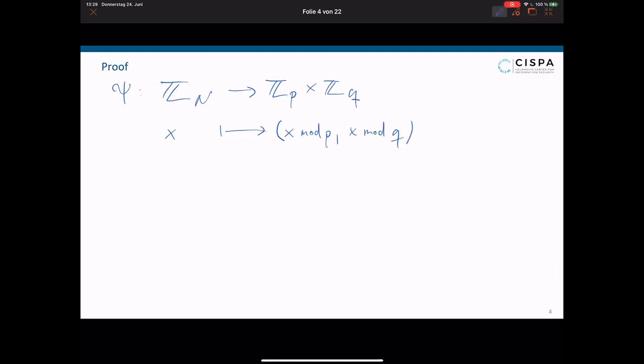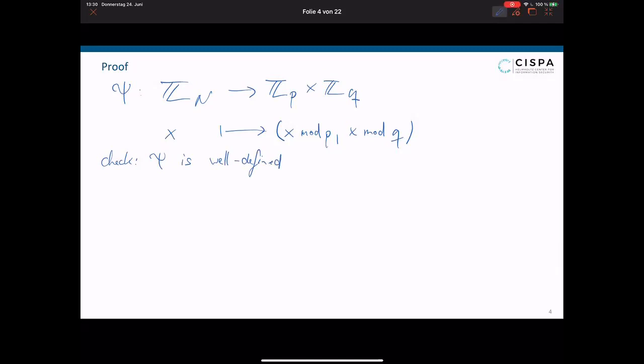And the first thing you need to check, which I'm not going to do now because this is really a simple routine calculation, is that psi is well defined, right?